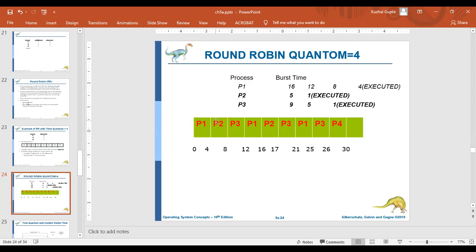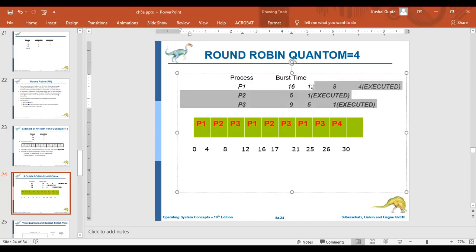Now, here, can anyone tell me the turnaround time and waiting time for every process?